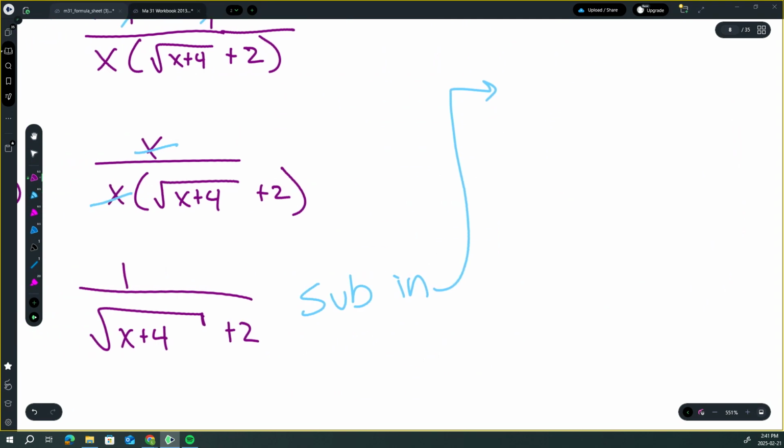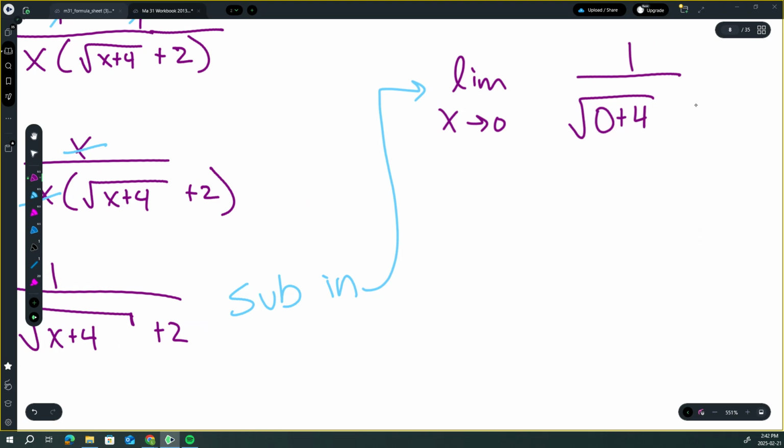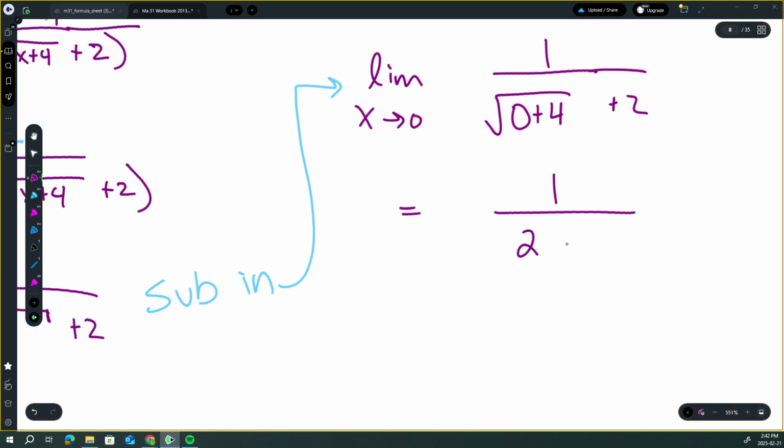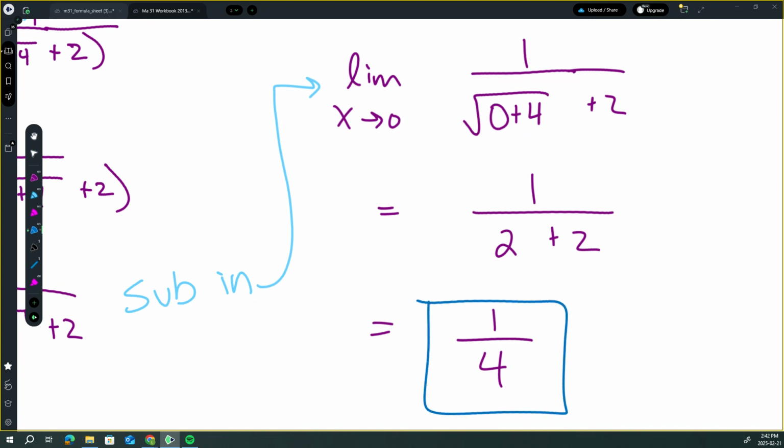So the limit as x approaches 0, we have 1 divided by the square root of 0 plus 4, and then plus 2. Okay, so 0 plus 4, obviously that's 4. The square root of 4 is 2, so we're going to get a quarter. That's going to be our final answer there.